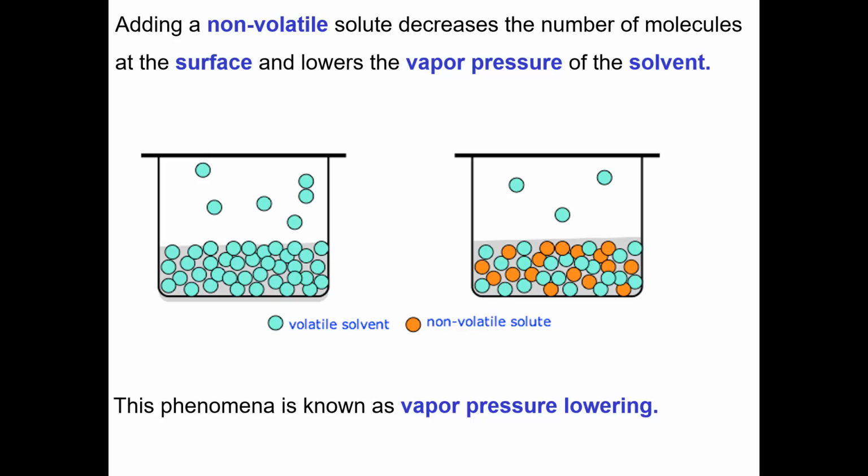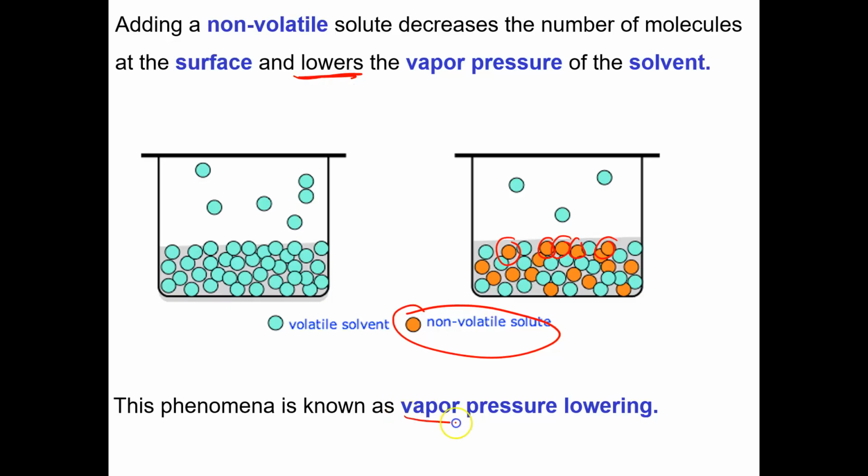So if we consider 2 containers containing a liquid that have the same surface area, but to one of these samples we add a non-volatile solute, what we can see happens is that the non-volatile solute will occupy some of the surface positions, and as a result, that will lower the vapor pressure of our liquid.